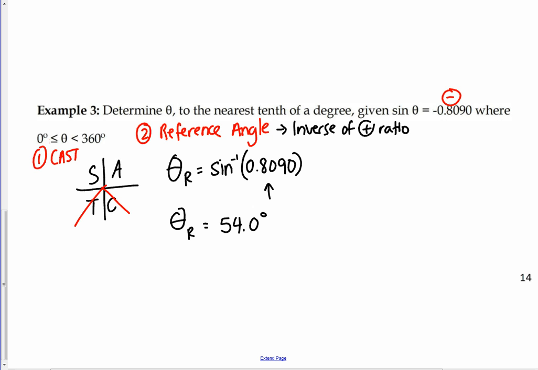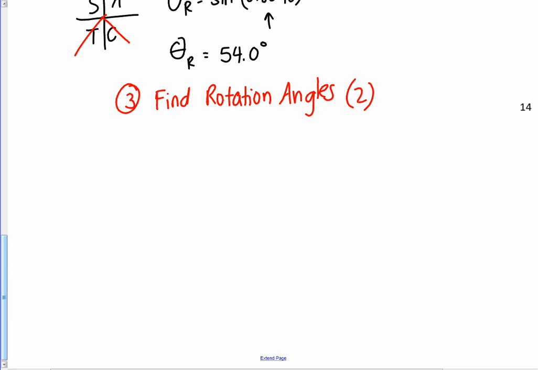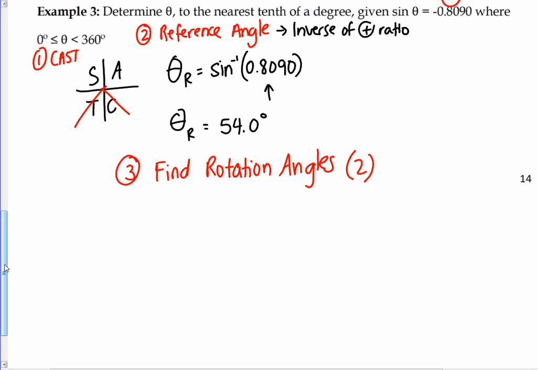So what's the third step? We found a reference angle, now we can find the rotation angles. And how many will there be? 2. So quadrant 3: how do we get it?